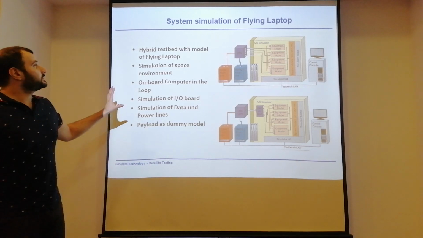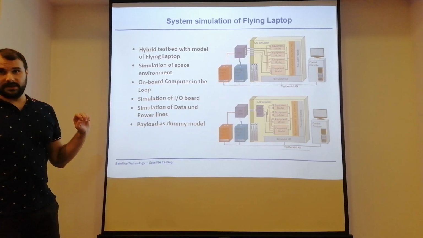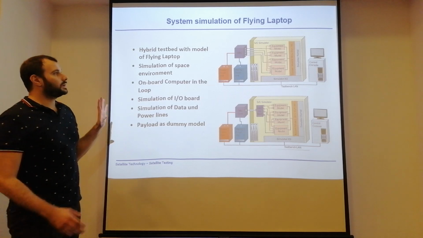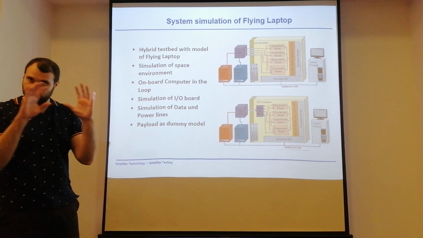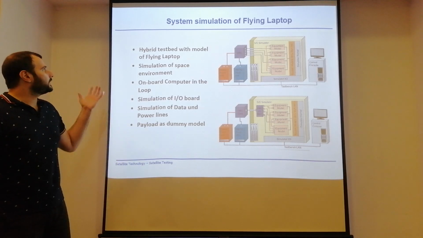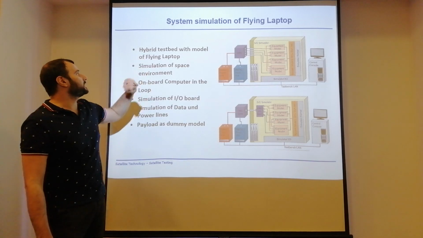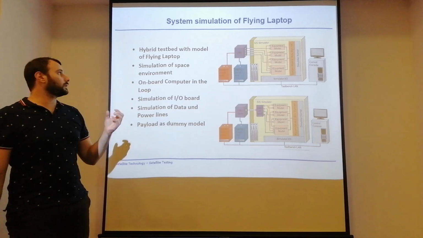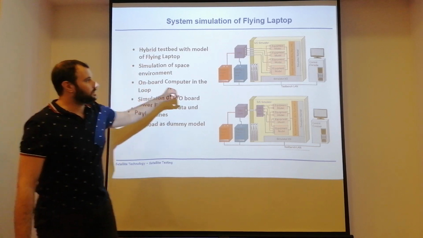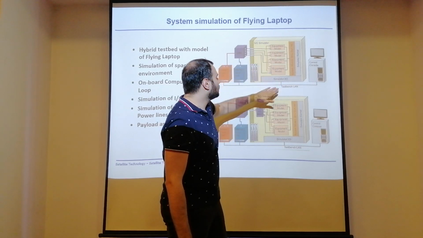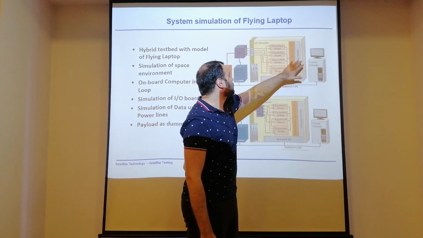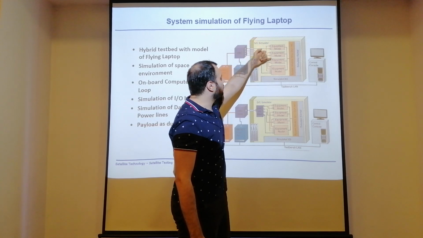The first test is the system simulation of Flying Laptop. So in order to do the system simulation, so how will the satellite behave in general as a unit, we use a hybrid testbed with a software model of Flying Laptop. So we have the simulator with different inputs and outputs and a kernel, and then you have equipment models.